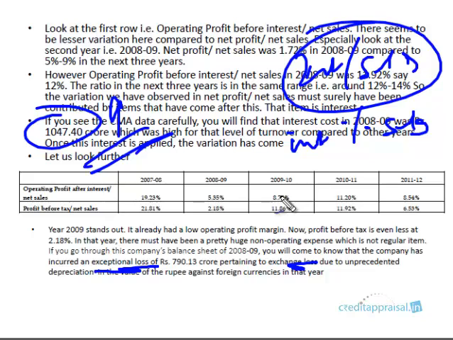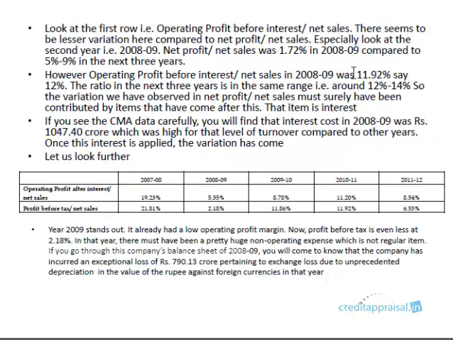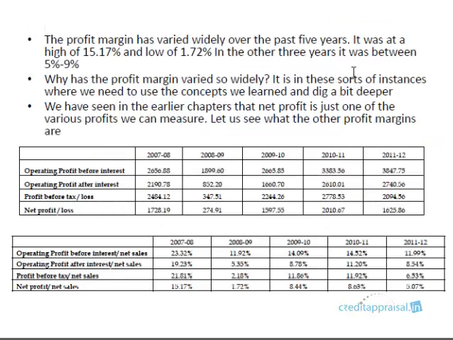Now if you were the CEO of this company, and you wanted to find out the performance of the manager of the production department in 2008-9, you'll find that the person has not done badly. You already saw that in terms of EBITDA, in terms of operating profit before interest, that year is not that bad.